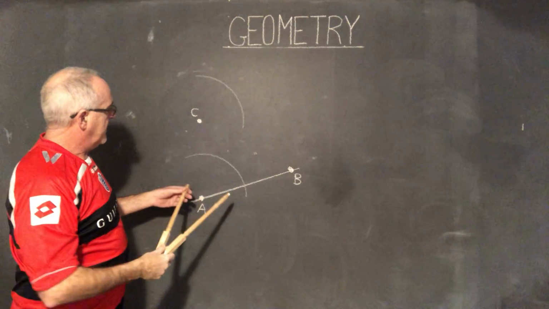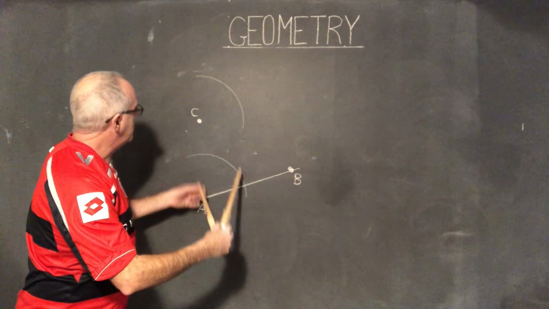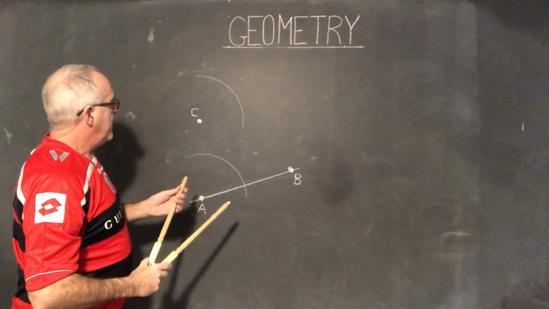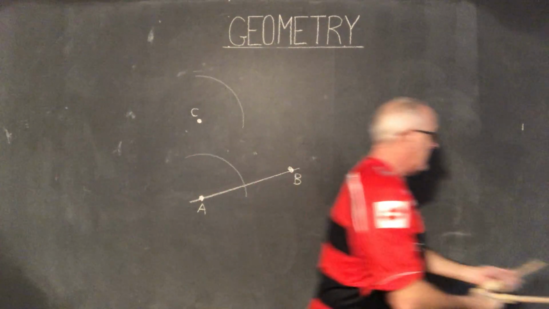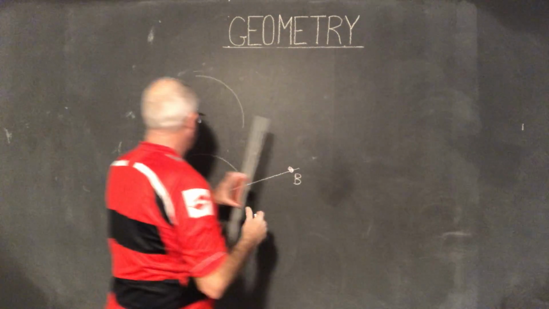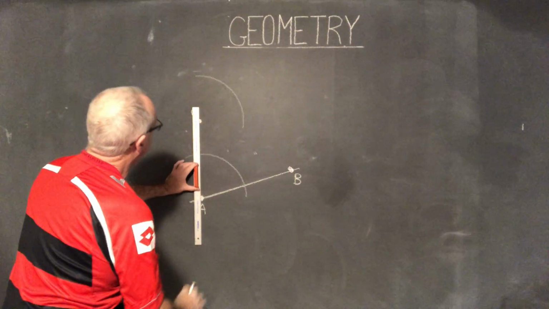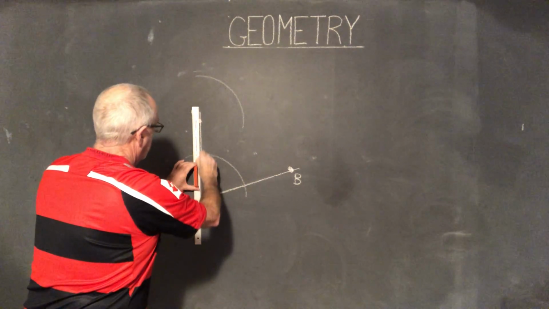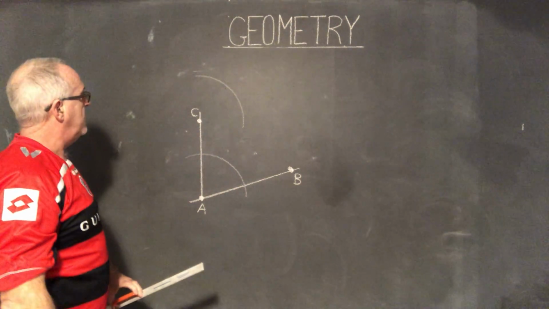Okay, I'll double check that this hasn't changed in size. It looks good. Okay, now I have to draw a line between A and C. Straight edge. This is going to make my labels messy. I'll just stop there. It's fine.